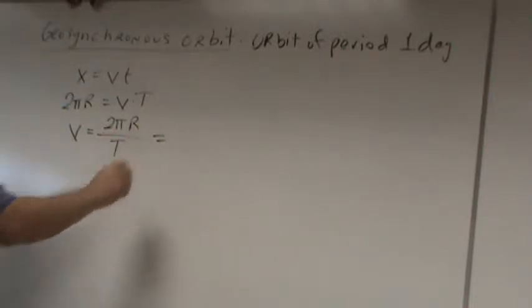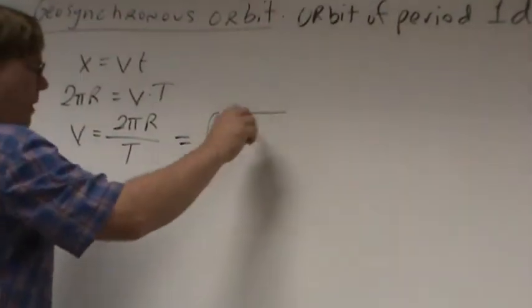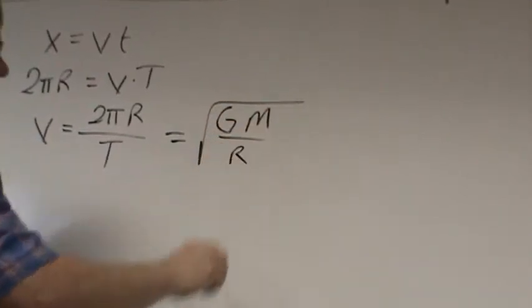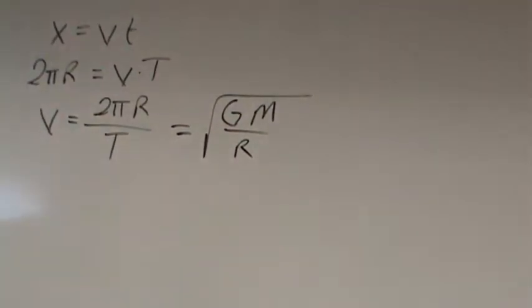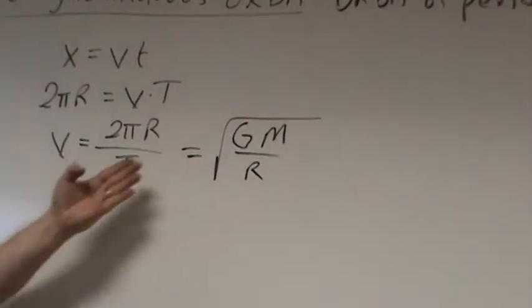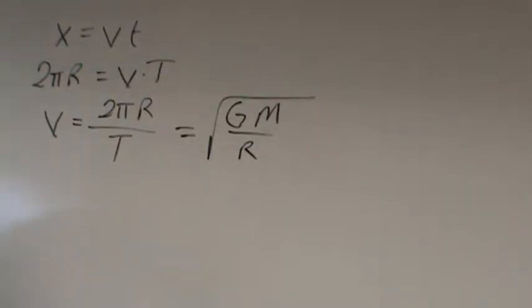But we've got another expression for v, the expression that the book uses, which is the square root of G times M over r. So now I can solve in terms of r and T, the radius and the period.